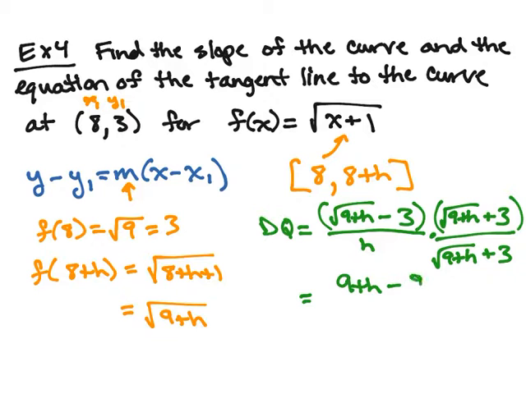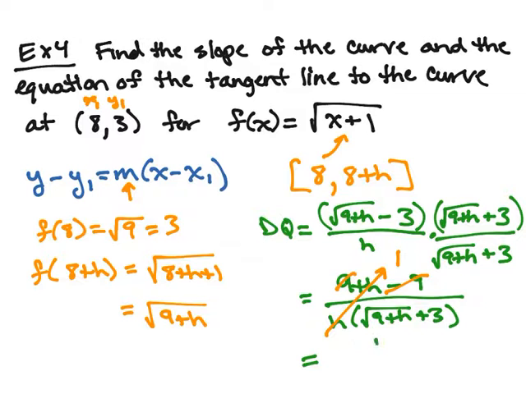And the last gives me minus 9. That's all over h times square root of 9 plus h plus 3. So 9 minus 9 goes to 0. And h over h goes to 1. So my simplified difference quotient is 1 over square root of 9 plus h plus 3.